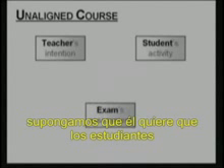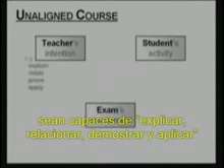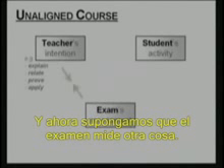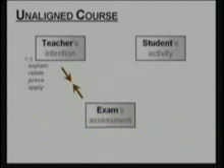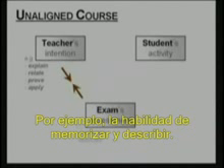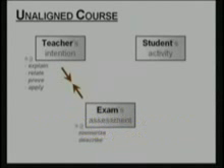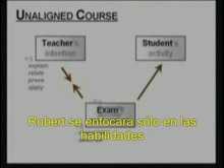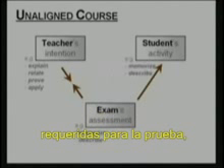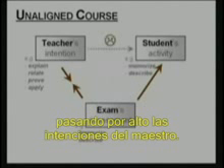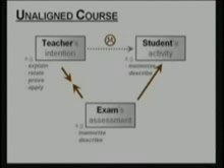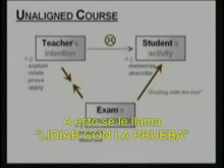Let's suppose he wants the students to be able to explain, relate, prove, and apply. And now suppose the exam measures something else. For example, the ability to memorize and to describe. In this case, Robert will focus only on the skills required for the test, disregarding the teacher's intentions. This is called dealing with the test.